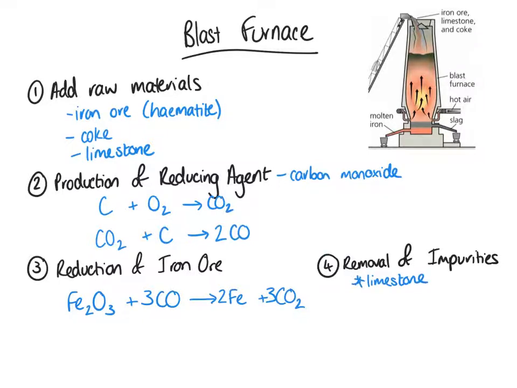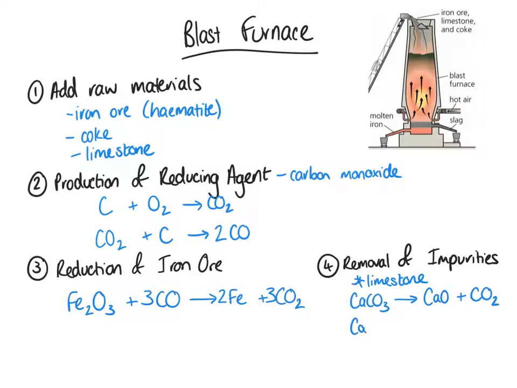And then lastly, we've got the removal of our impurities. Limestone is responsible for removing our impurities. That's the raw material that we use to remove those impurities. Remember, this is again a 2-step process: the calcium carbonate, which is limestone, undergoes thermal decomposition to produce calcium oxide and carbon dioxide.